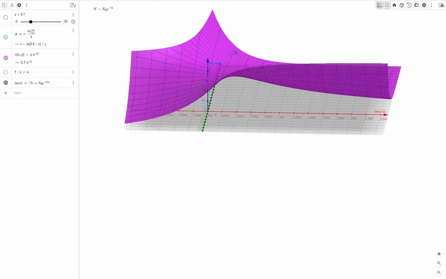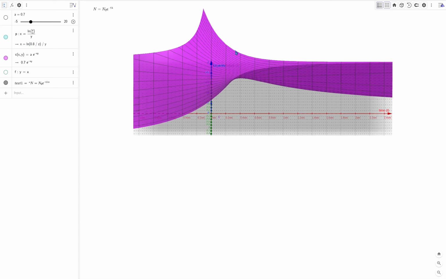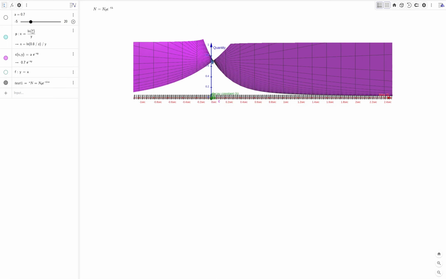Another way to say this is, imagine I have a stopwatch and I'm pressing the go button at the point in time in which there is 0.7 grams of uranium on the table. Then I can go backwards along this equation.